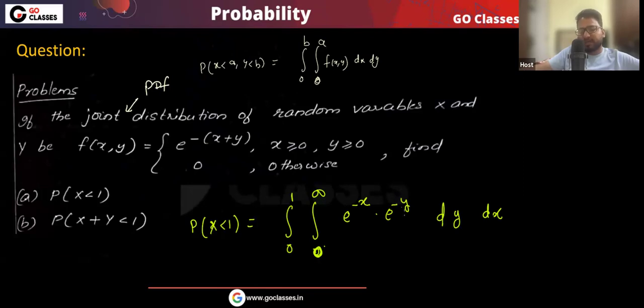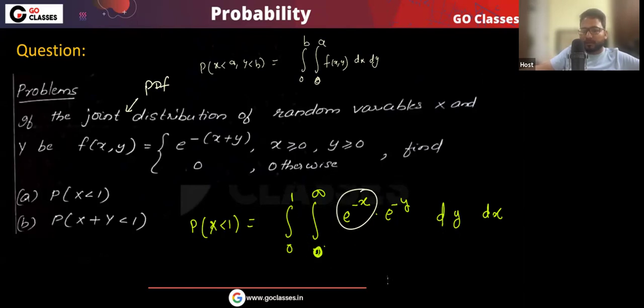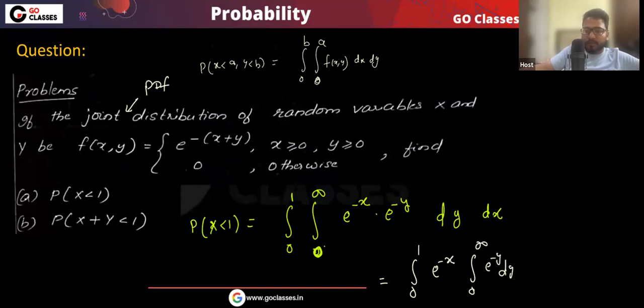This inner thing is actually easy, and this will be 1. So e power minus x you can take outside. It is the integration over 0 to 1 of e power minus x, and the remaining thing, 0 to infinity e power minus y dy, is actually just 1.